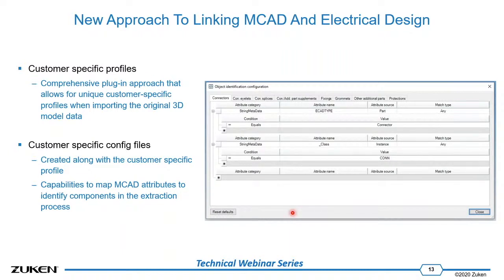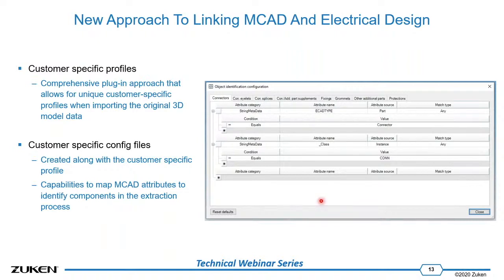Every engineer or company has different approaches to design or design specifications when creating these 3D models, and therefore it's difficult to have a general approach for the extraction process. To react to that and accept this wide variety of requirements when obtaining information from your original 3D models, E3 3D Transformer allows customer-specific profiles and config files.